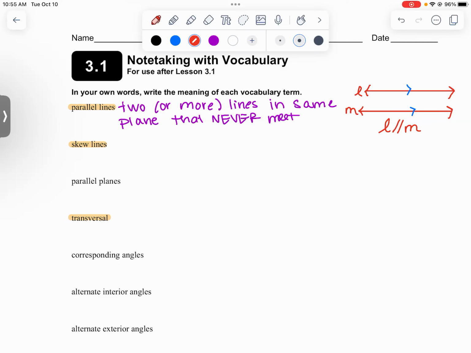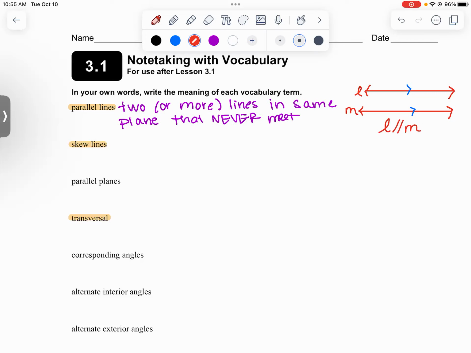Okay, so no, they do not meet, but they're not parallel. What would that look like? So these are lines, so it's not segments, they are going to go on forever.